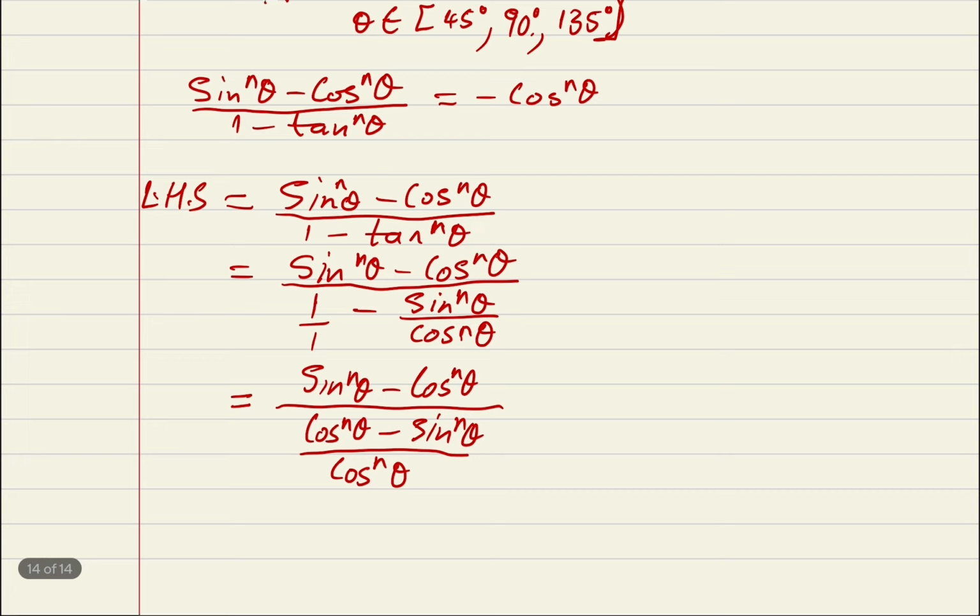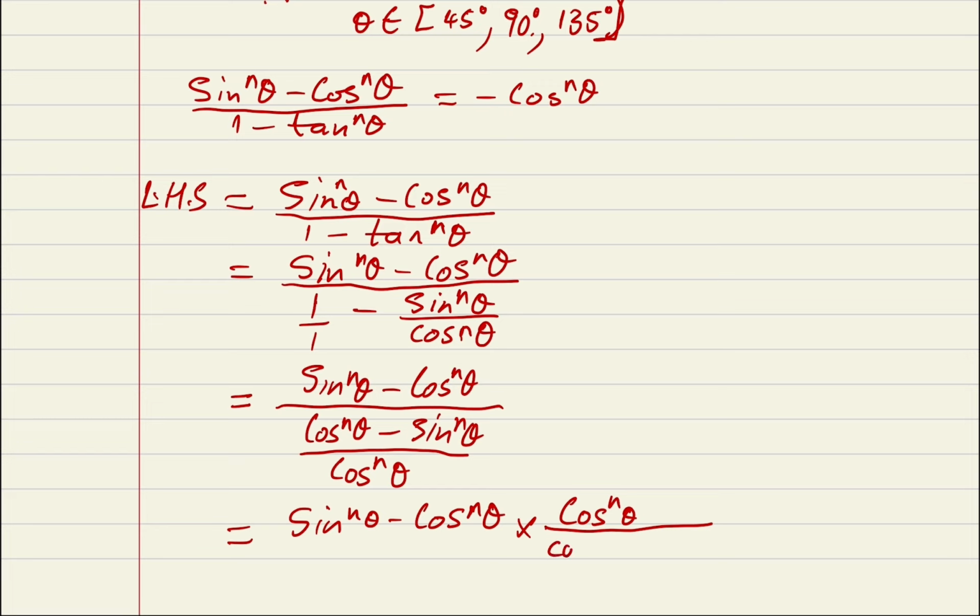Then now let's change this. This will be sine of n theta minus cos of n theta, multiplied by cos of n theta, divided by cos of n theta minus sine of n theta.